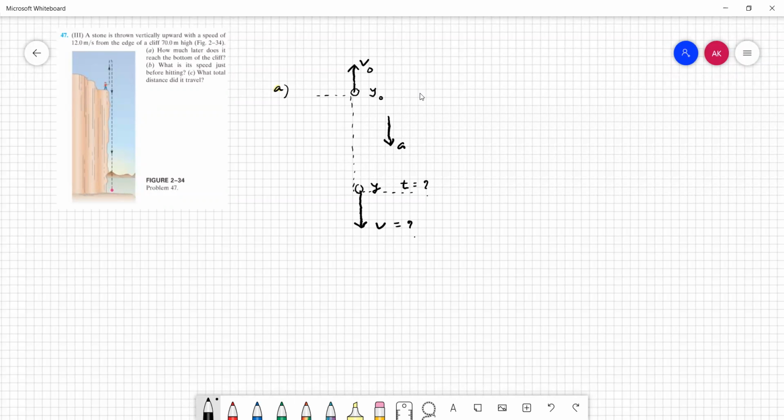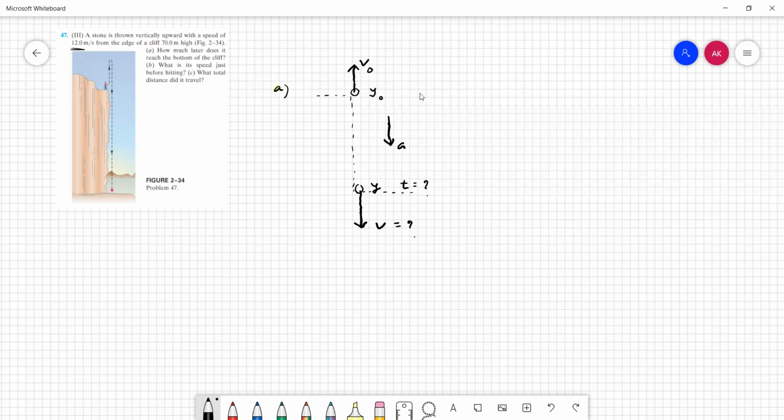It cannot be 12 meters per second, because it was 12 meters per second at the top of the cliff. When it comes back down to the same level it will be 12 meters per second, but it's going to go even further down and strike the ground with way more than 12 meters per second.